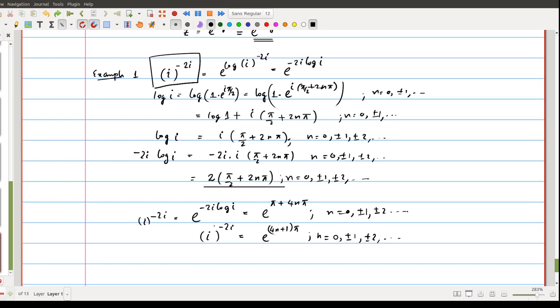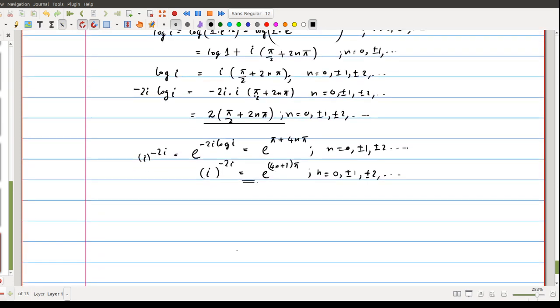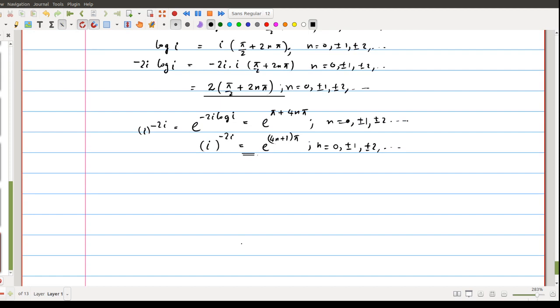First of all, we can write this is a real number, and we will discuss one more problem from this section that will give the idea of principal value. We already discussed what a principal value is. We have the definition of principal value right here.